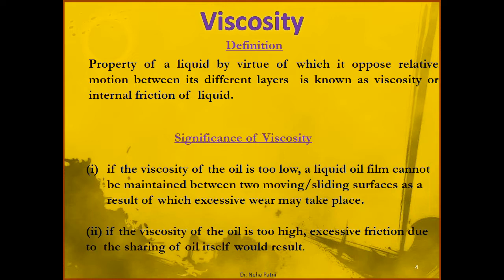We need to know whether the viscosity is too low, because if it is too low, the liquid may not remain in position, right? And if it is very high, then the internal friction would be high. So we want to know how much viscosity there is for a particular liquid lubricant.